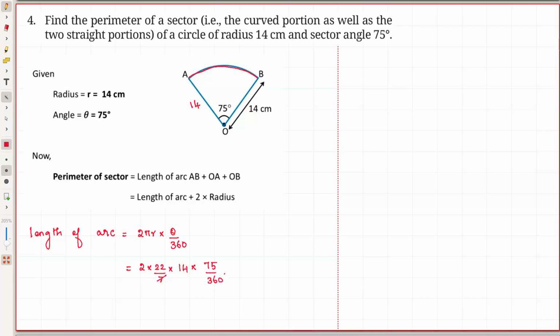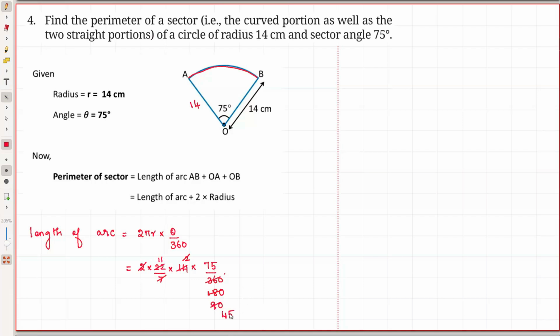We can cancel: 1 7s are 7, 2 7s are 14. Next, if you cancel with 2 table, 1 2s are 2, 8 2s are 16, then 1 0. Again 2 table, 9 2s are 90, 45 times.